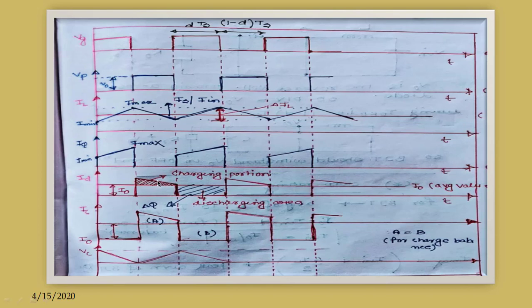So what is my IC? IC is ID minus I naught. So this value is I naught. From 0 to this portion here it is I naught. And for capacitor current it is ID minus I0. So we have to subtract I naught from ID.